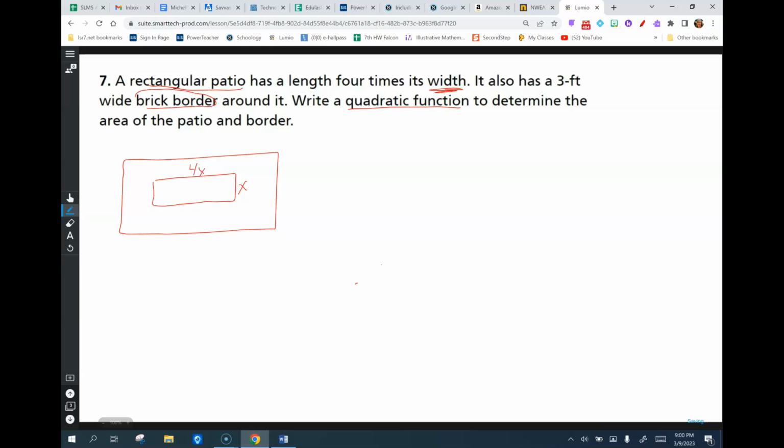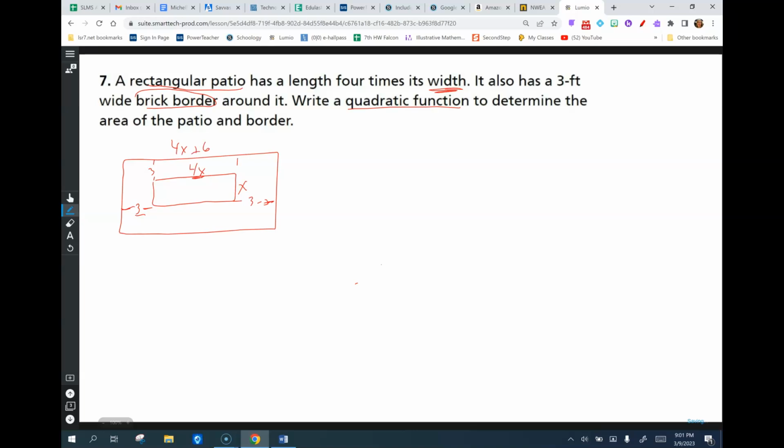So there's a patio, and then for decoration, probably they put a brick border around it. Now what it's saying is that this distance here is 3 feet. Okay, so it's a brick border that's 3 feet around. So then what we have to look at is that if this is 3 feet on this side, it's also 3 on this side. So my length is 4x plus 6.